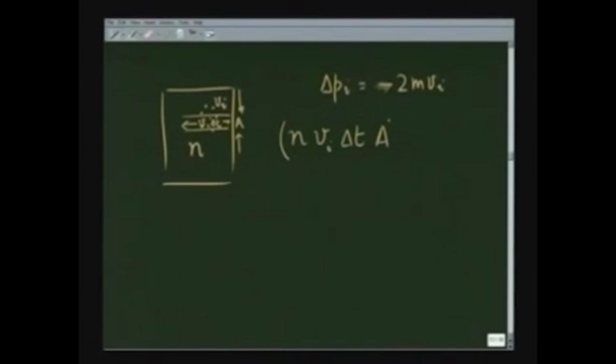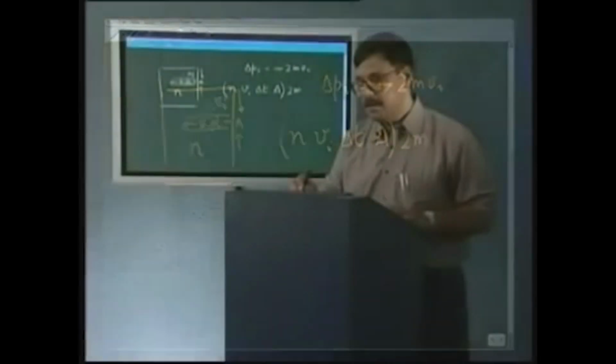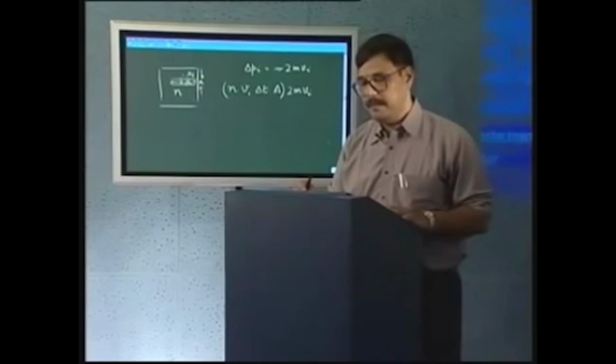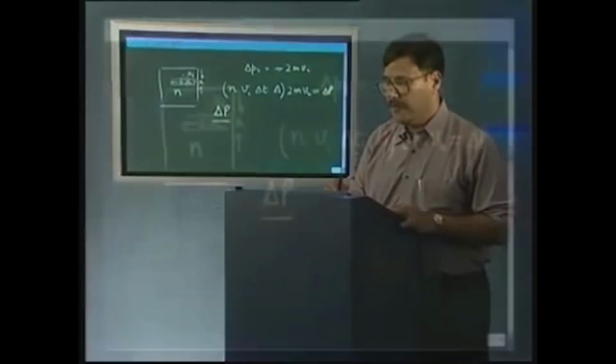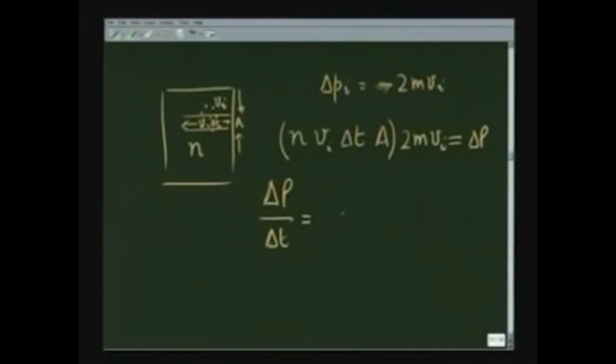This many particles are hitting in time delta t and they are each imparting momentum 2 m v_i. So the net momentum transferred is going to be this, and therefore I get delta p over delta t, which is n m v_i squared times 2 times the area. This is the net momentum transfer, and therefore, this is the force applied by these particles on the wall.